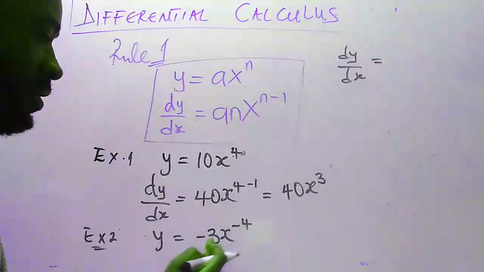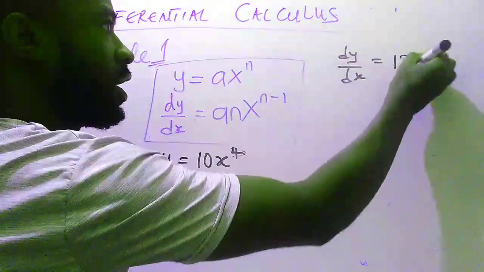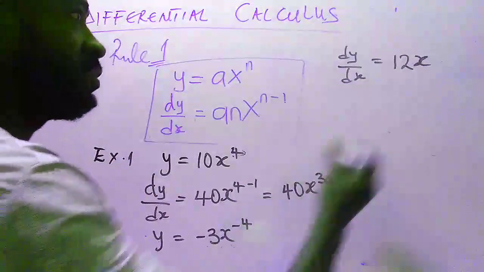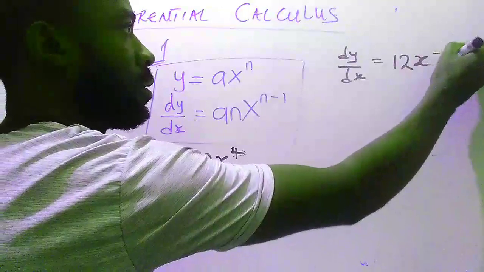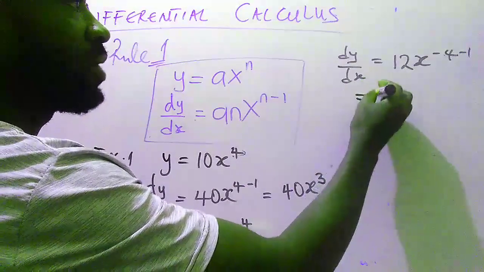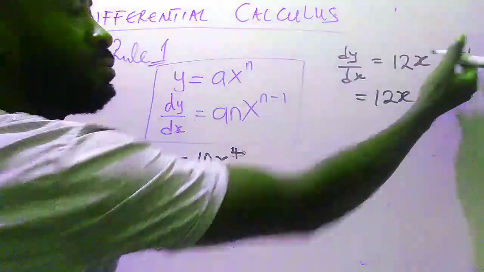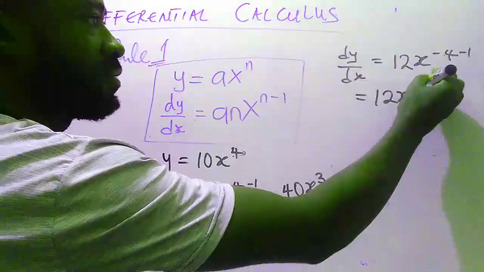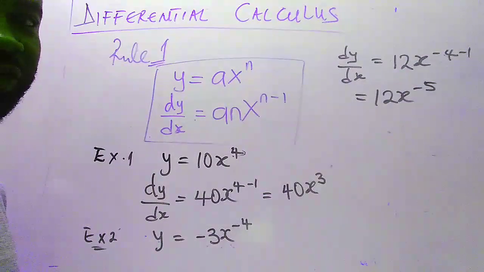So minus 4 times minus 3 gives us plus 12. Then it says subtract 1 from the power, which is minus 4 minus 1. So we'll have 12x raised to the power of minus 5. That's the solution.